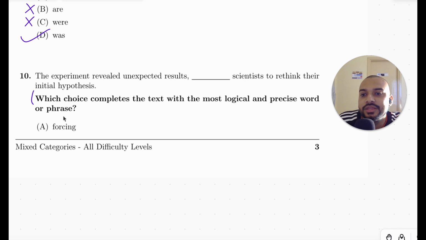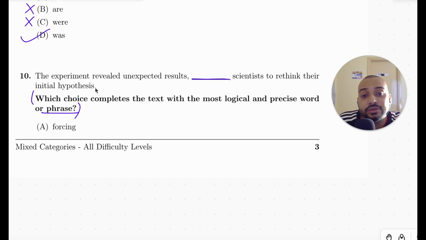Question 10. Which choice completes the text with the most logical and precise word or phrase? Here's the blank. Read the idea before and the idea after. The experiment revealed unexpected results, comma, dash, scientists to rethink their initial hypothesis.